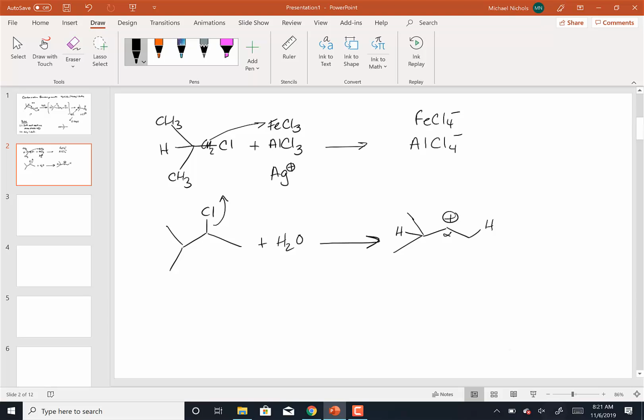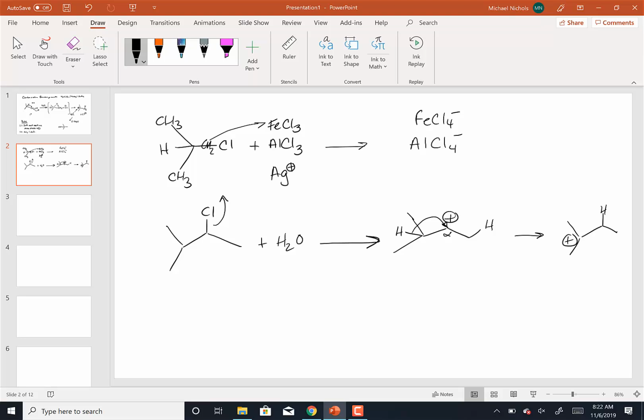Tertiary is more stable. So this hydrogen is then going to shift over. And notice my arrow is not going to the bond. My arrow is going to the carbon because that's where the pair of electrons is going. The hydrogen shifts over, so now I have the plus charge on the tertiary position. The hydrogen is now shifted. And so this is why it's called a carbocation rearrangement, or it's called a hydride shift.